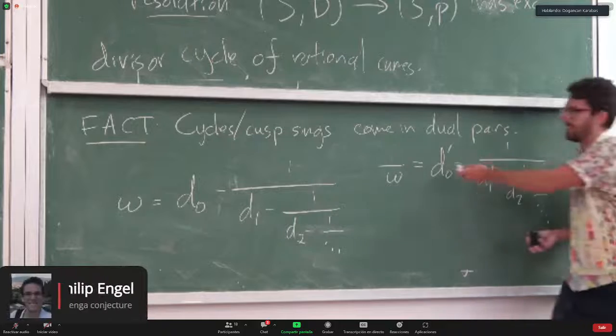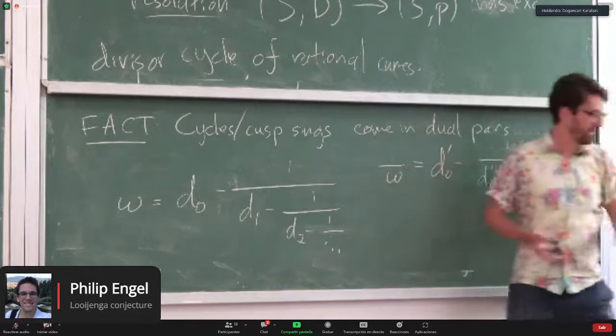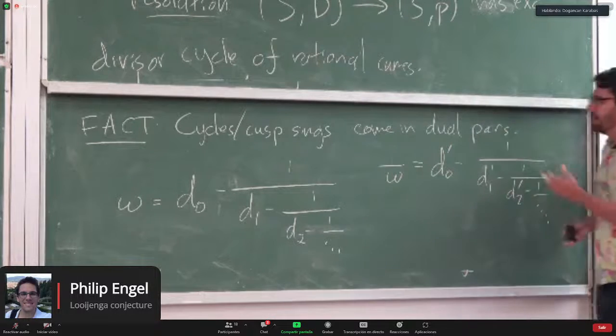And you can clearly see that the dual of the dual is the original, because 1 over omega is omega. Okay? So that's kind of an amazing fact.